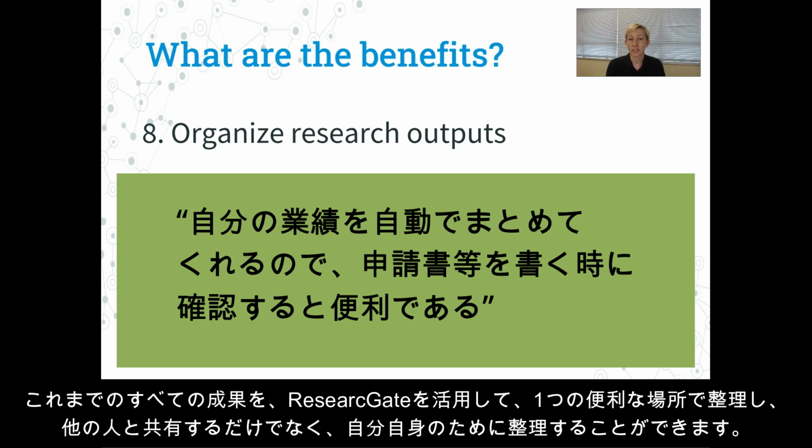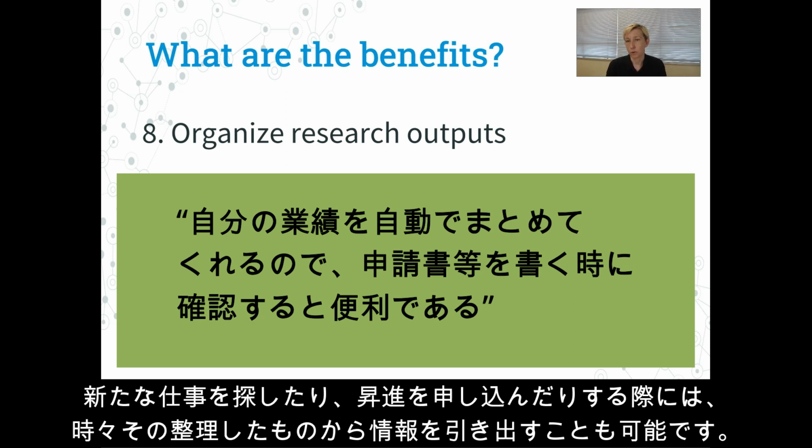And so what we can do is use ResearchGate to organize all of our work in one convenient place, not just to share with other people, but also to organize for our own benefit. And we often have to draw on all of this information if we are applying for a new job or a promotion.